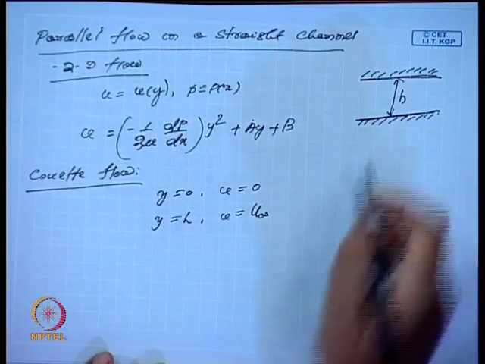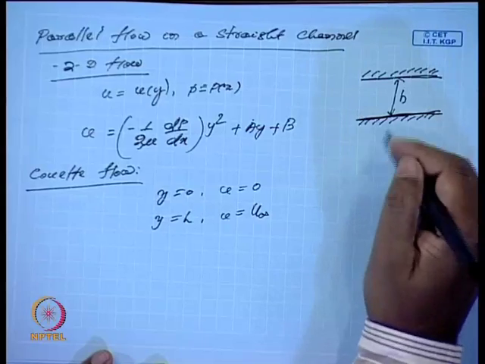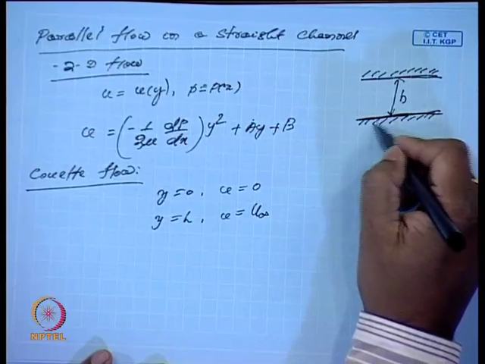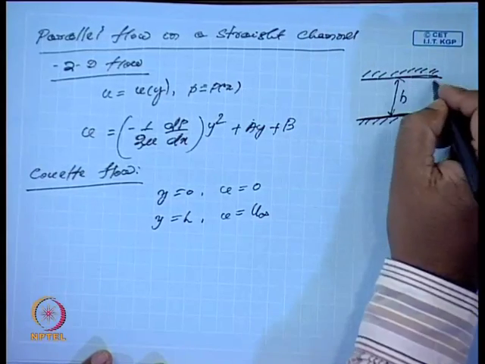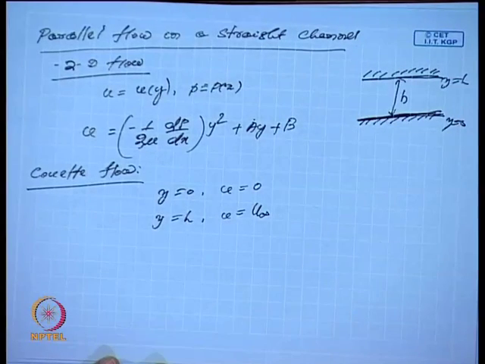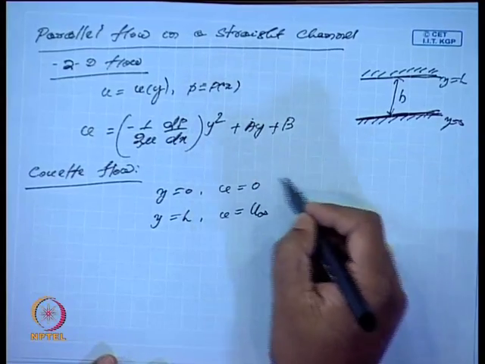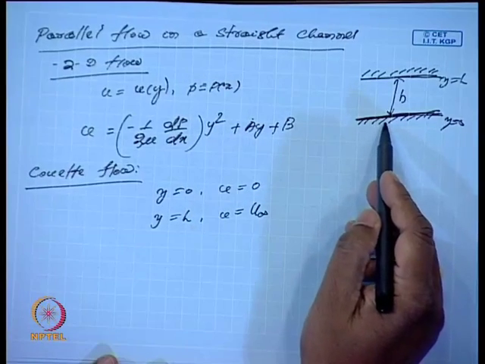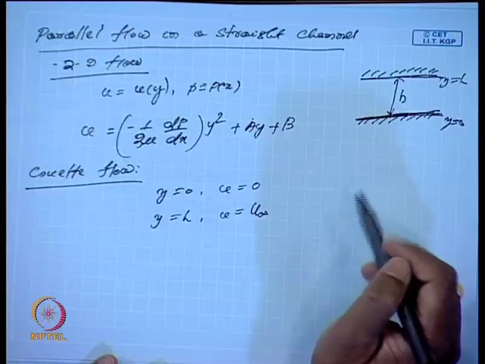So, that means one of the plates, the one at y equal to 0, is kept fixed. So, the no slip condition applies, and no fluid passes through it. In the horizontal direction, the fluid velocity is 0 at y equal to 0.